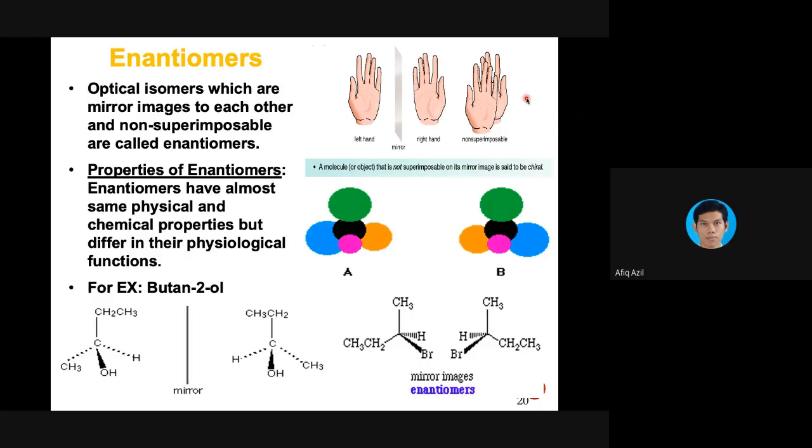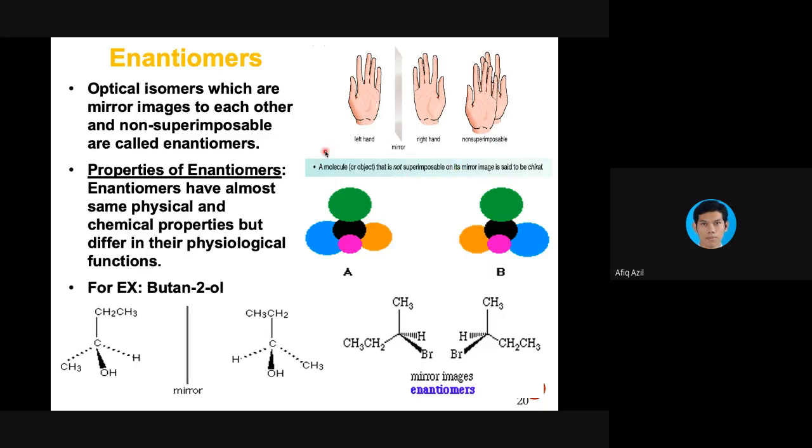Both sides up like this, and then you place your right hand on your left hand, and then maybe try to put your left on the right. So this is called non-superimposable. You cannot overlap them. So this is one of the properties of enantiomers. They must be mirror images and not superimposable.